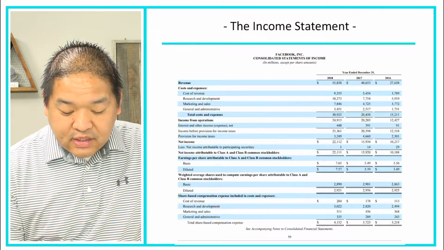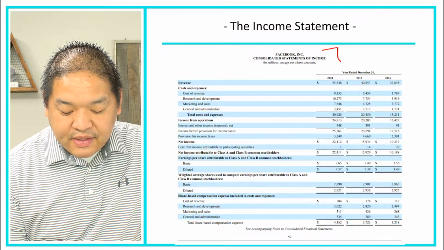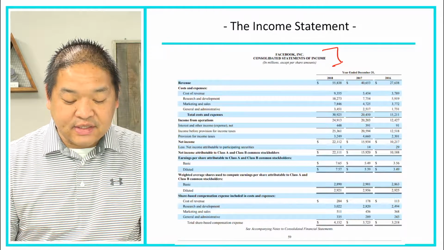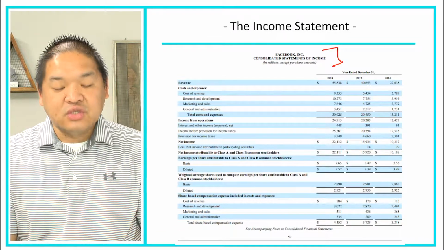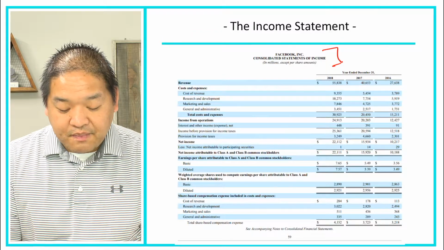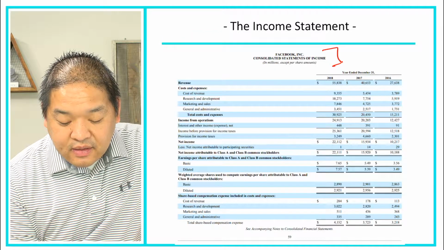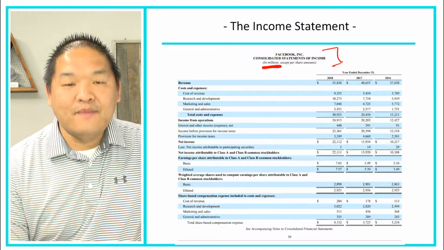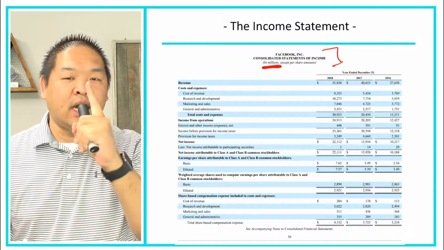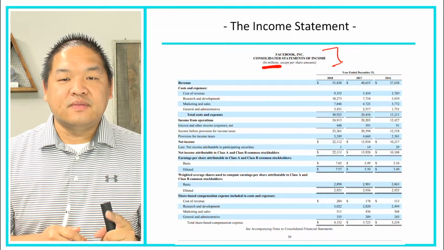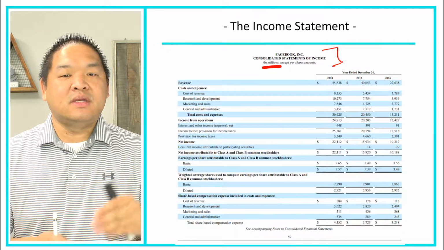So if you notice here at the very top, we've got the company's name and what this is. So this is Facebook Inc.'s consolidated statement of income, which is also another name for income statement. And notice here at the very bottom of the title, we've got "in millions." So when you're reading this financial statement, when you see a 1, that doesn't mean $1. That means $1 million.